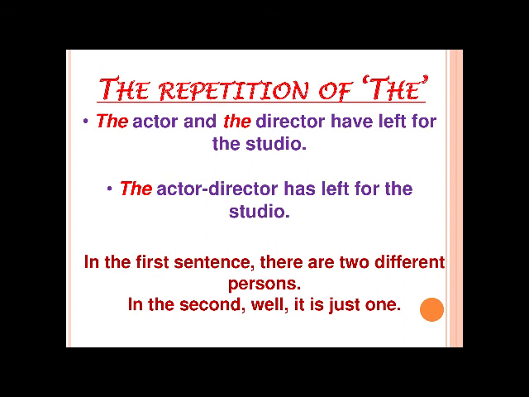Okay? And so, to mention them, I have used the actor and the director. But in the second sentence, the actor director, now here it is just one person, and that's why I have used the only once. So I think this topic is clear to you.